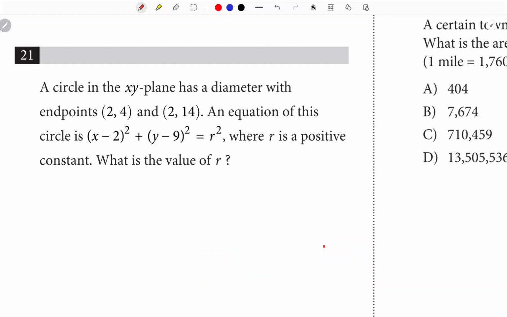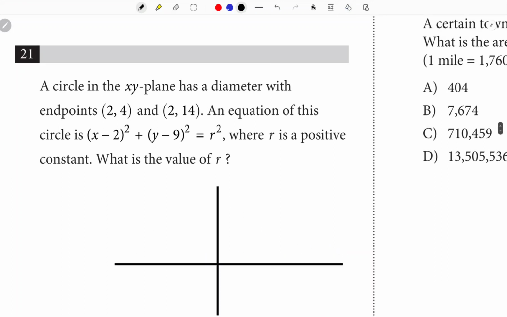Wait one minute, please. Okay, 2, 4 here, 2, 14 here, and your circle like this.